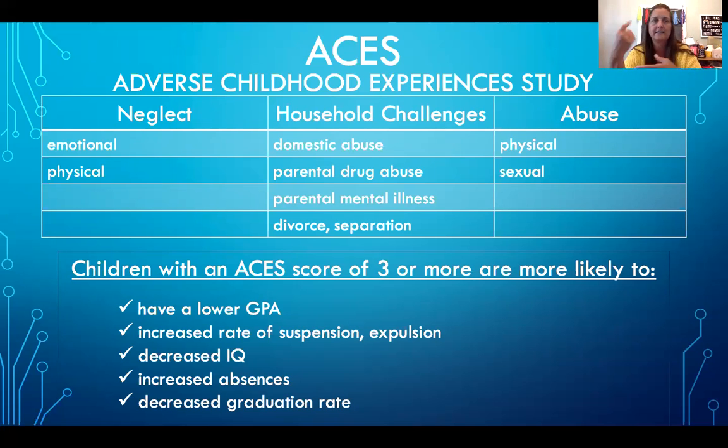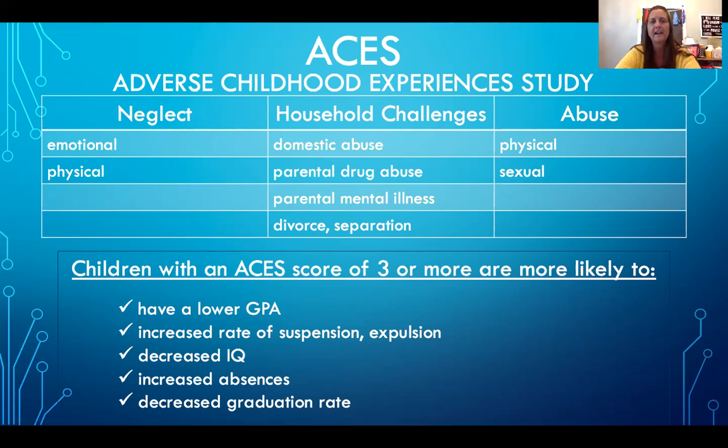And under neglect is emotional and physical. Household challenges would be domestic abuse, parental drug abuse, parental mental illness, divorce and separation, physical abuse, sexual abuse, and then another one that's not on this list, I believe that was later added, is if there was a parent who was incarcerated.